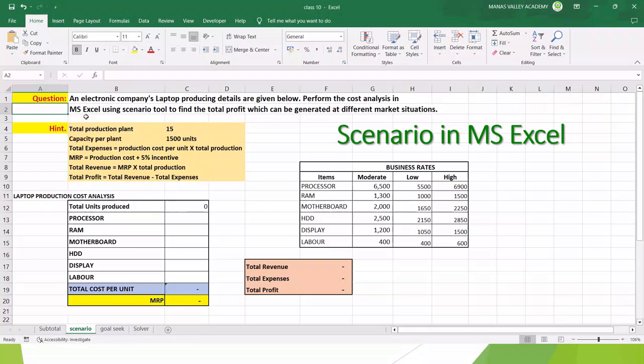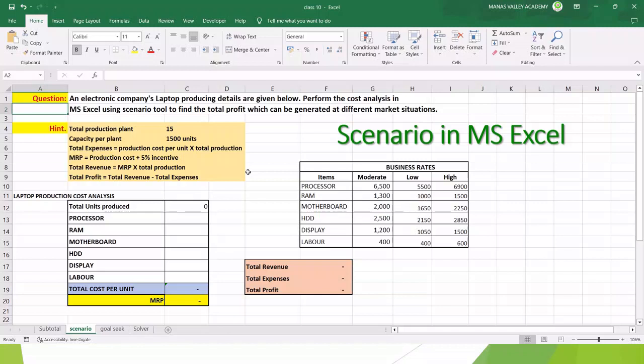Perform the cost analysis in MS Excel using scenario tool to find the total profit which can be generated at different market situations. So here is a situation given: an electronic company produces laptops, and different production capacities and rates for different market situations are given.